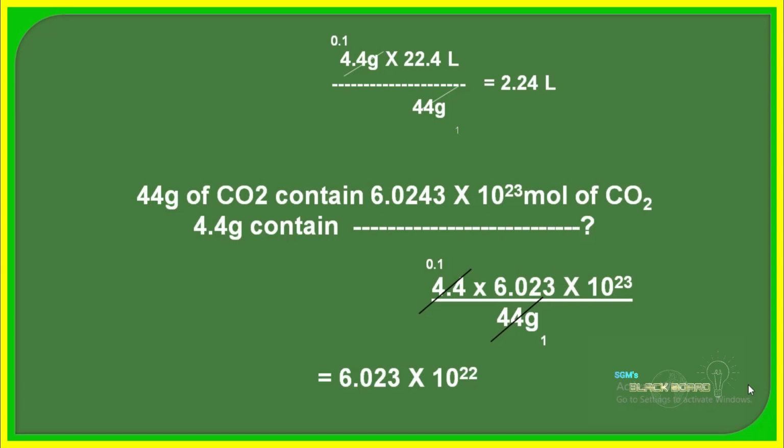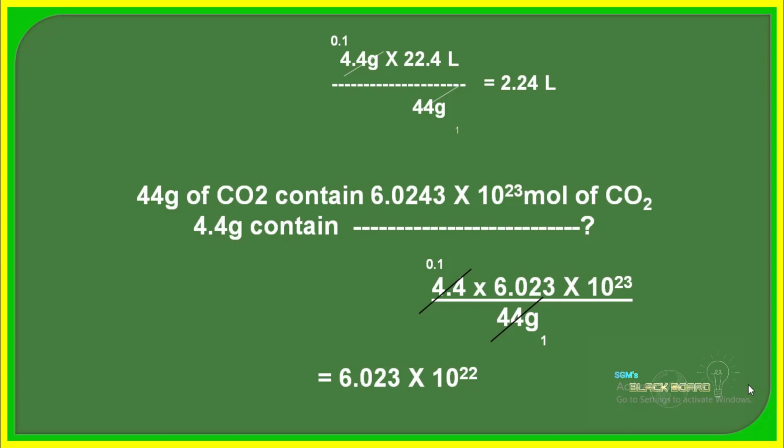Now let us calculate the number of molecules. 44 grams of carbon dioxide contains 6.023 into 10 to the power of 23 molecules according to the Avogadro number.